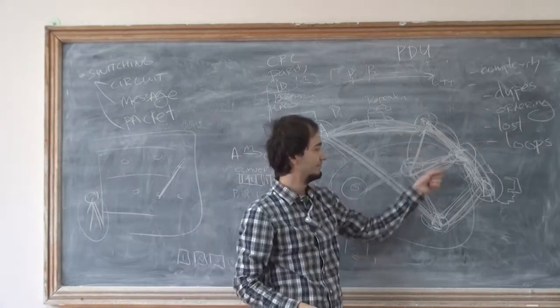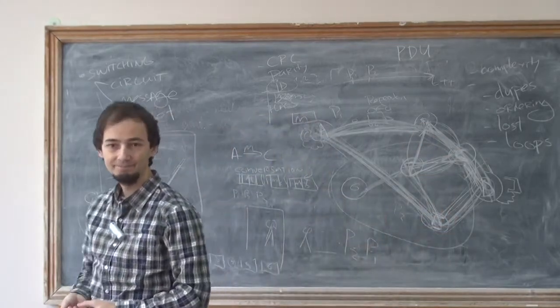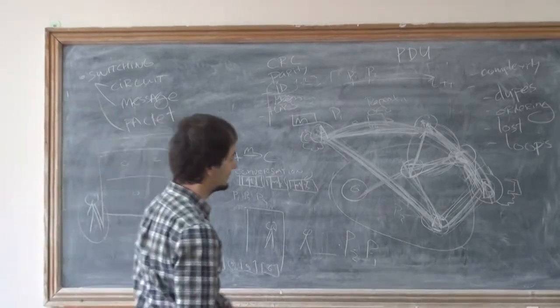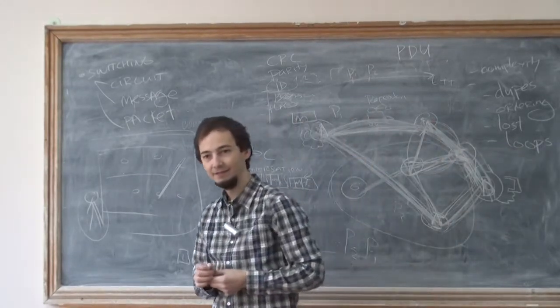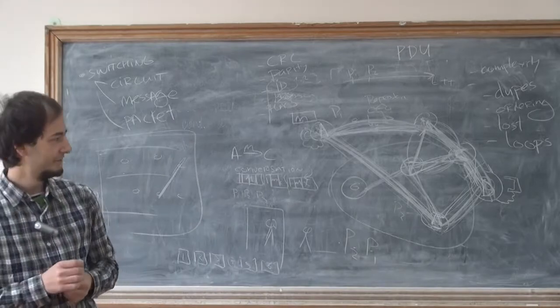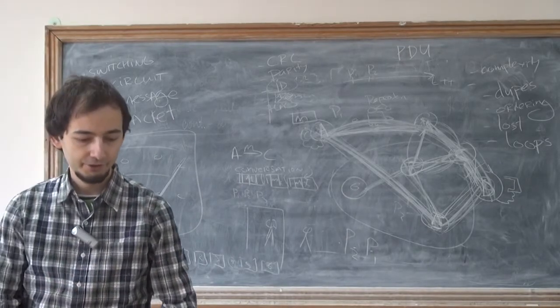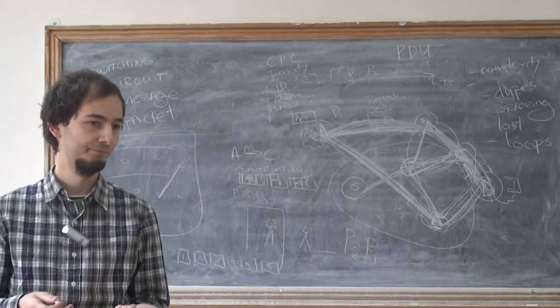So you will be occupying this resource for no good reason. So you could have loops in such cases. Therefore, in a packet-switched network, you have to have some protocol that takes care of those loops.